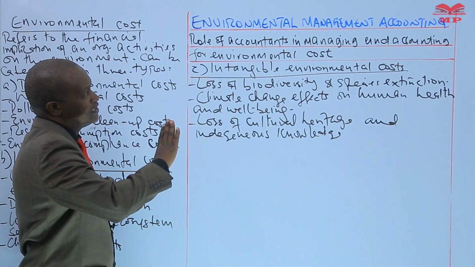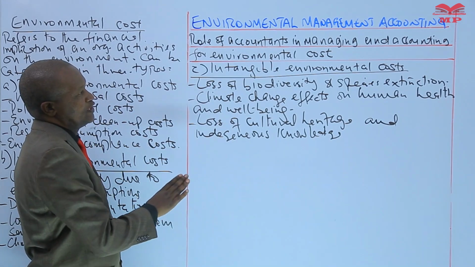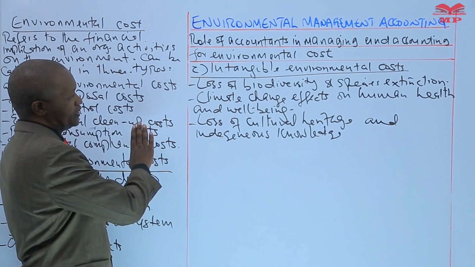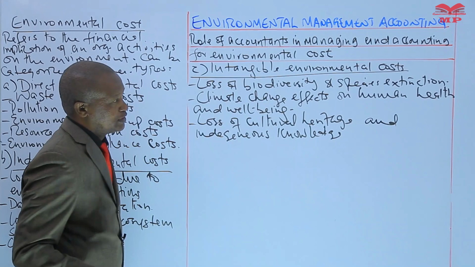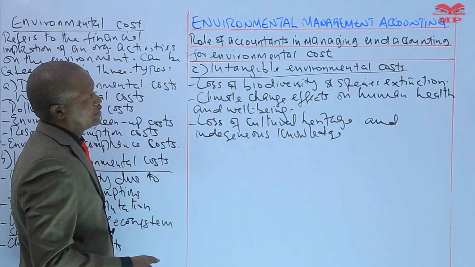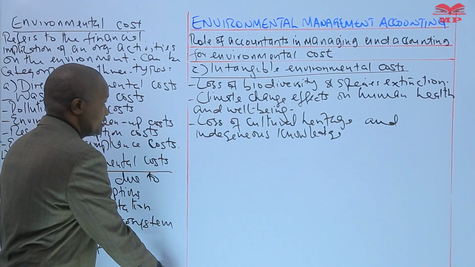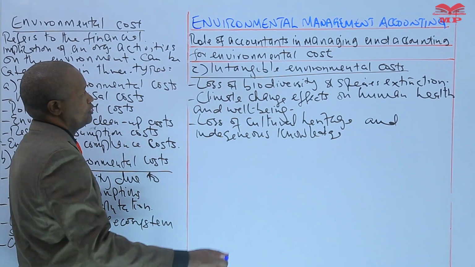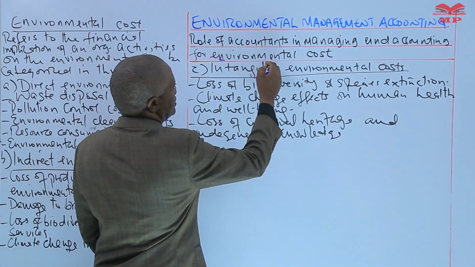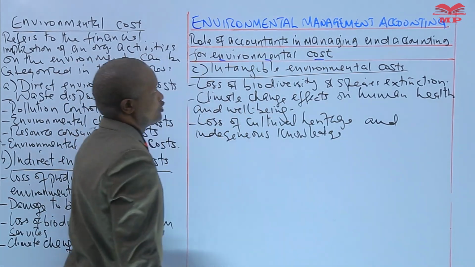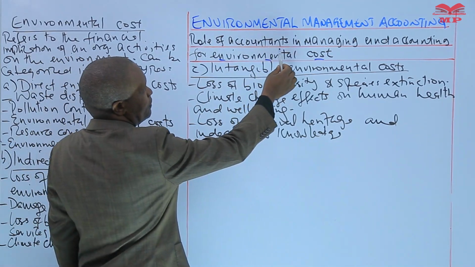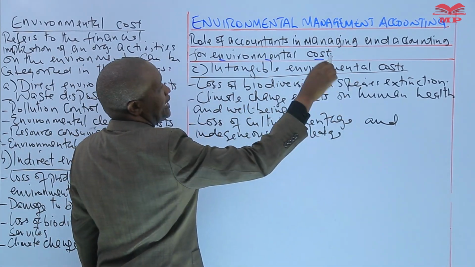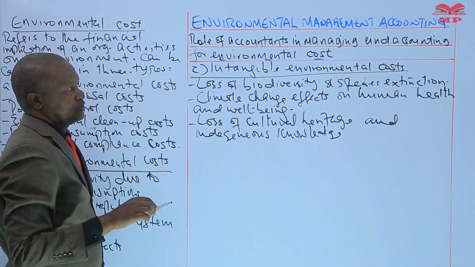Now, having analyzed environmental costs, because what I've done here is not part of the syllabus, but I thought it's important for us to understand what these environmental costs are, because the first subtopic requires us to study the role of accountants in managing and accounting of environmental costs.